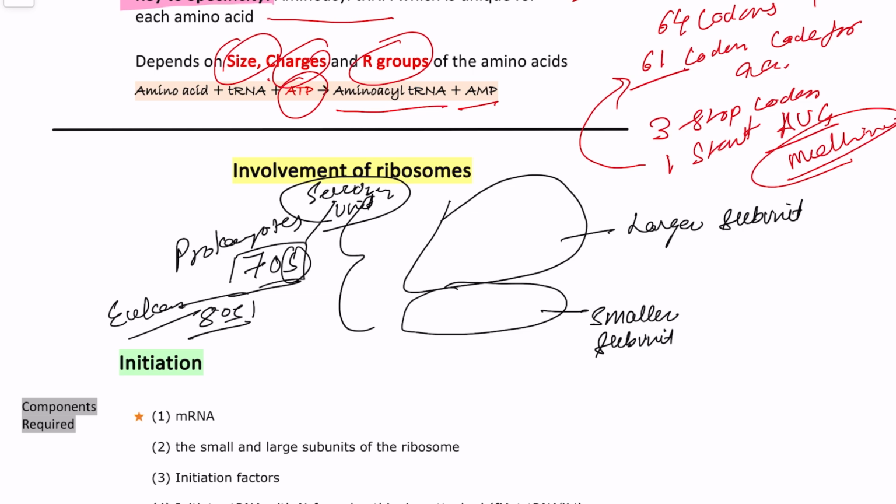We will not go into the detail right now. One by one, when I'll be explaining the steps, I'll show you how the smaller subunit and larger subunit of the ribosomes are involved in this process of translation, right?